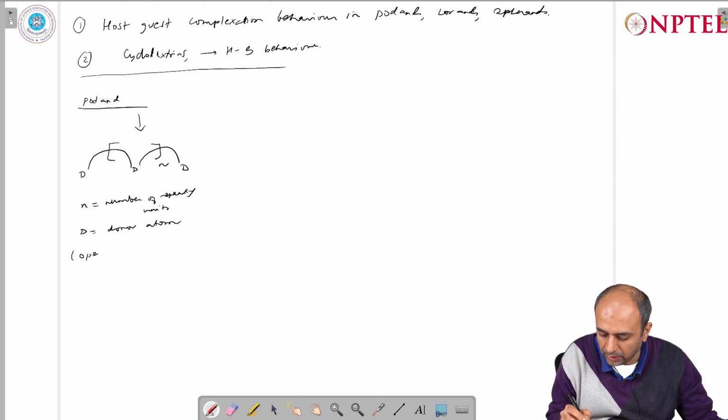So it is characterized by an open chain conformation.